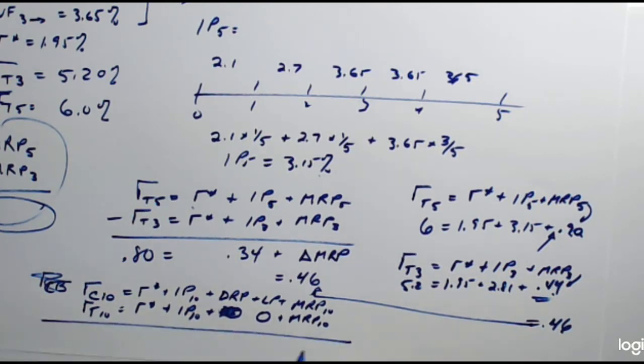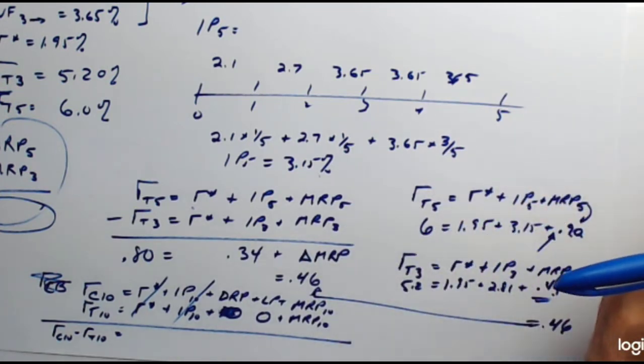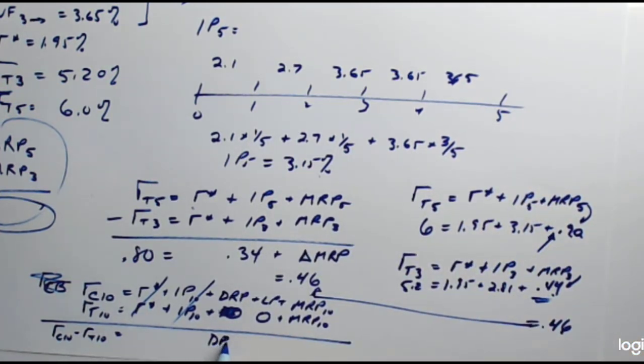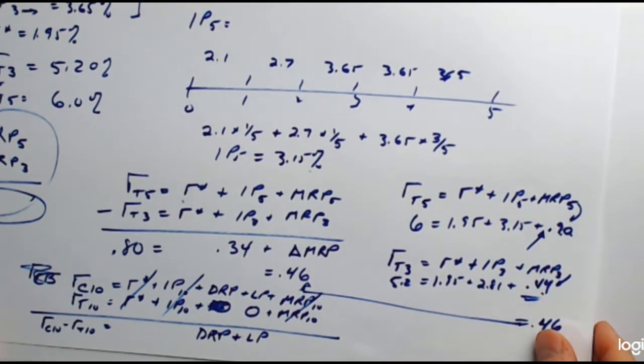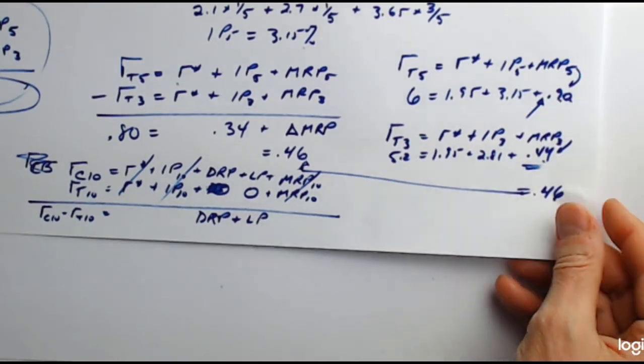So the difference then is RC10 minus RT10. These cancel out because the risk premium for a 10-year period is the same regardless of what security. It cancels out, we get default risk premium plus the liquidity premium. So let me move this up a bit.